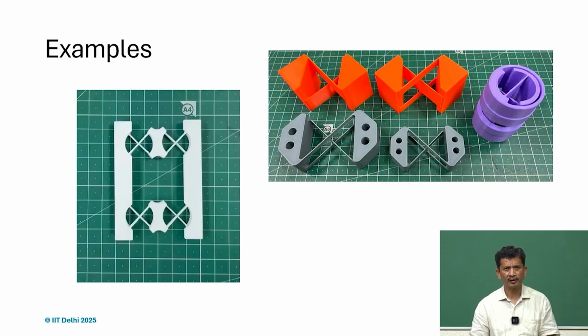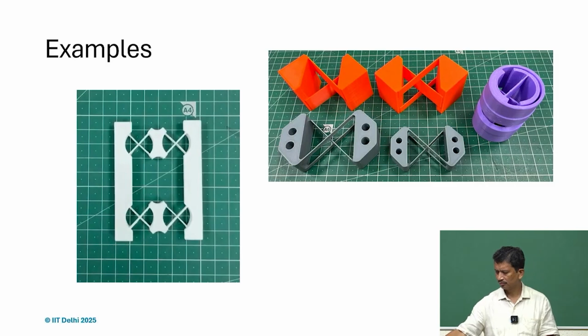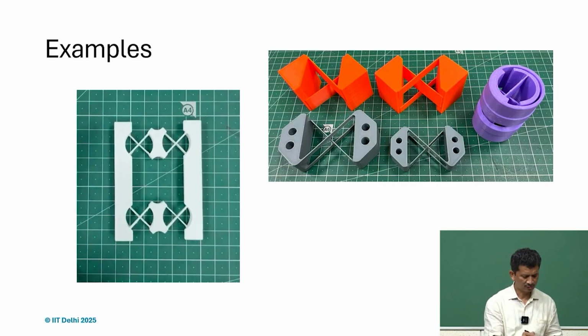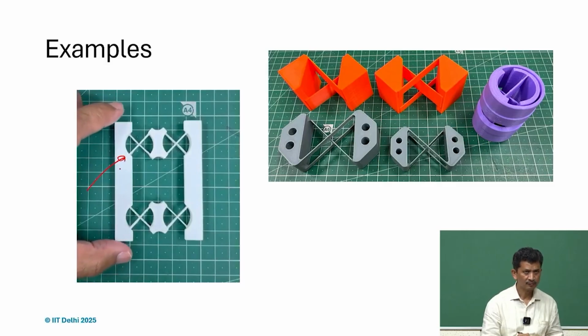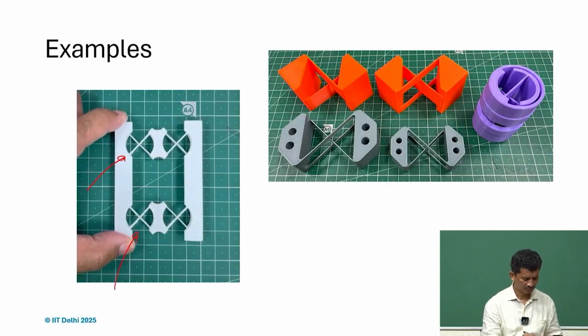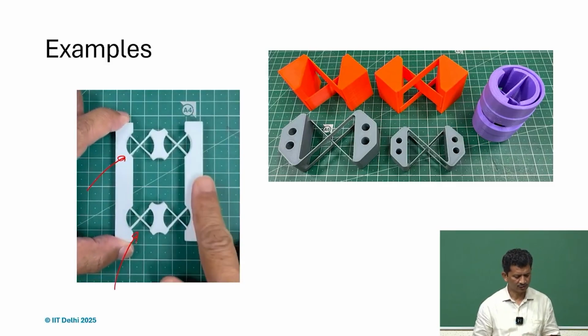So there are some examples here, and one can see that. Yes, here if you see the flexures, these are the cross flexures you see here.